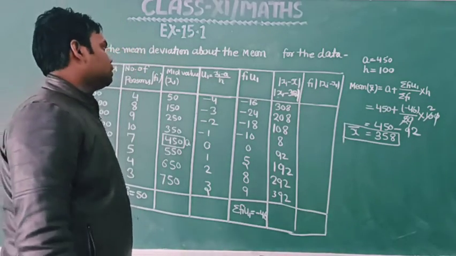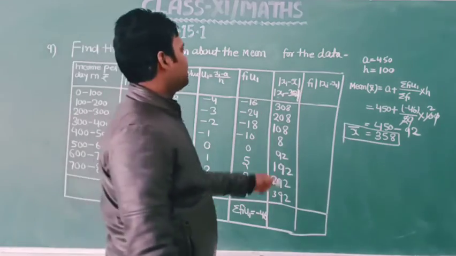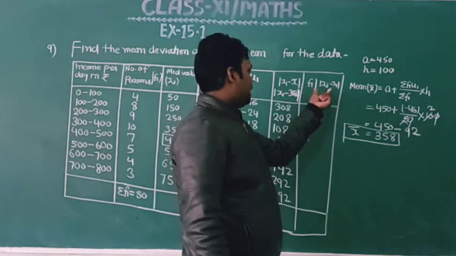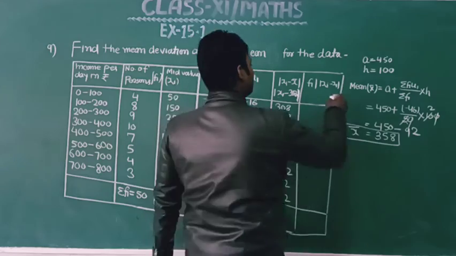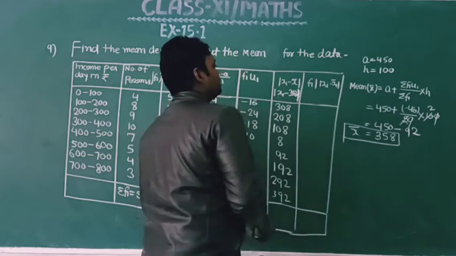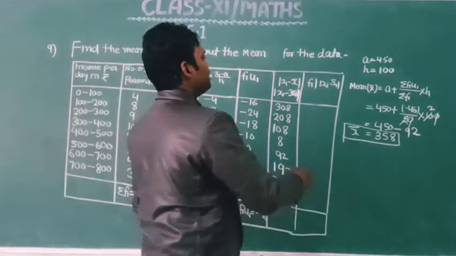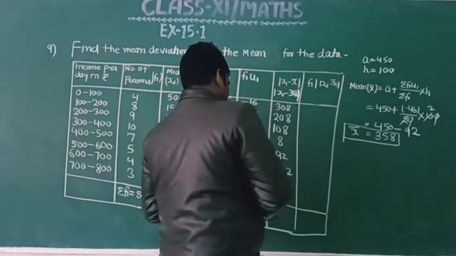In the next table we need to find fi times mod xi minus x bar.